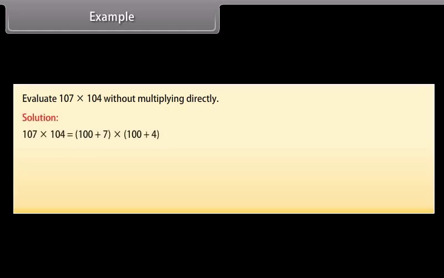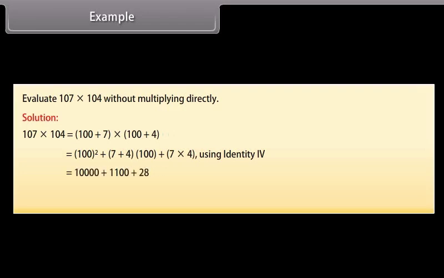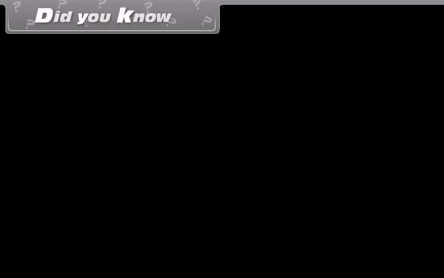Solution. 107 x 104 = (100 + 7)(100 + 4), which equals 100^2 + (7 + 4) x 100 + 7 x 4 using identity 4, which equals 10,000 + 1,100 + 28, which is equal to 11,128.